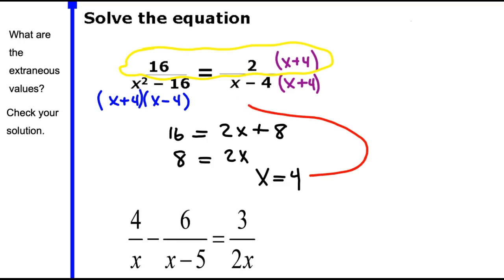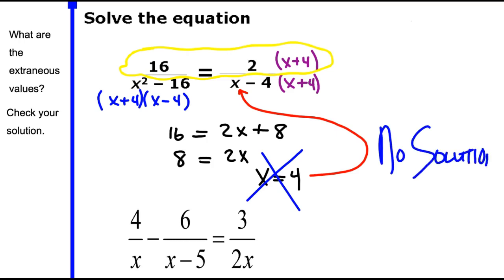X equals 4, do a little extraneous check, and oh my gosh, it doesn't work, you guys. We have no solution for this. Oh my goodness. No solution. Who would have ever thought? Unbelievable.